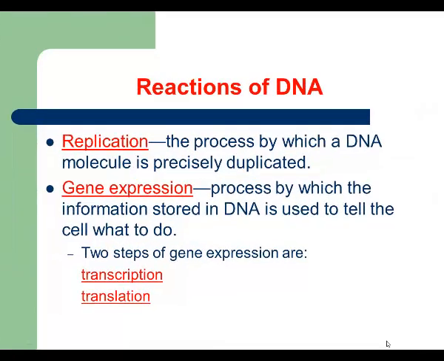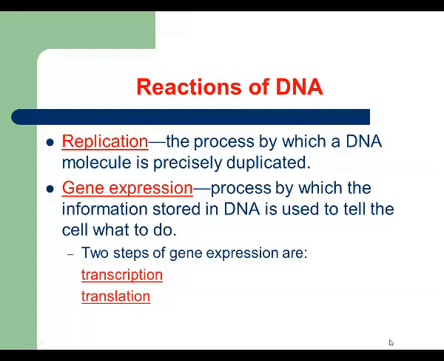Alright, now we know the structure of the DNA molecule. We can continue with reactions of DNA. In order to fulfill its biological role, the DNA molecule enters two kinds of reactions: replication and gene expression. Replication is the process by which a DNA molecule is precisely duplicated.